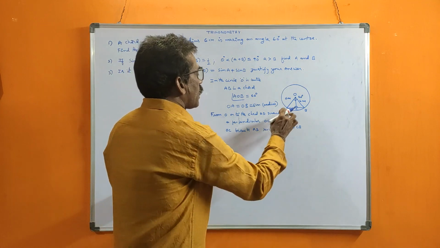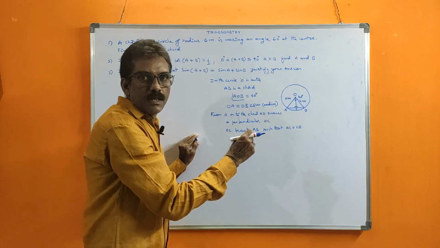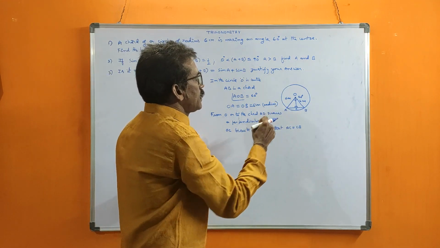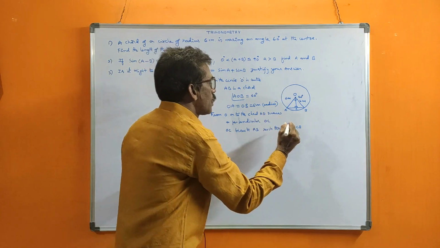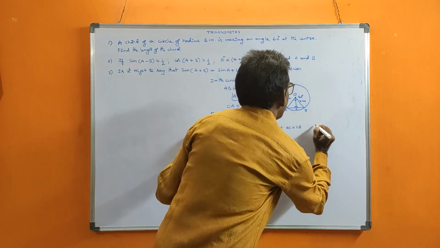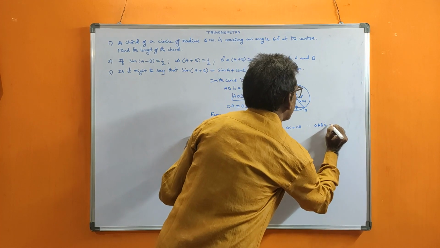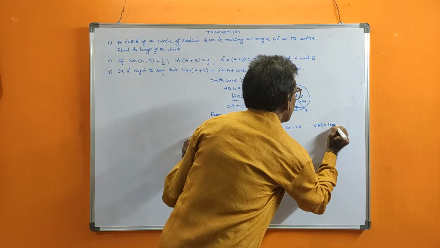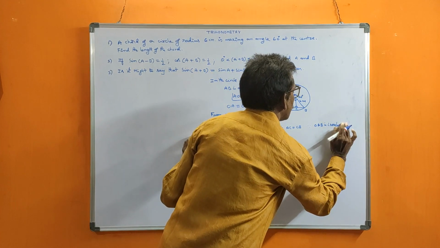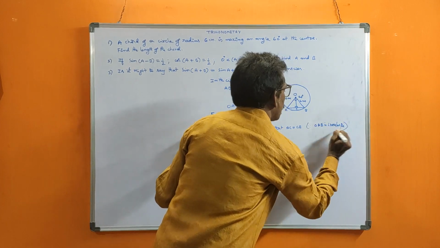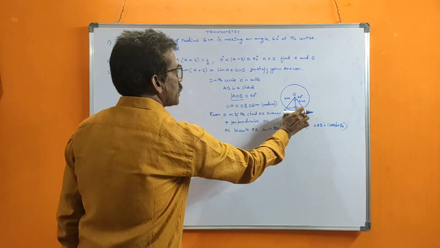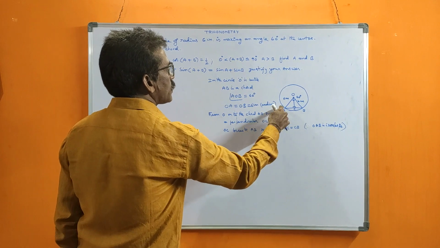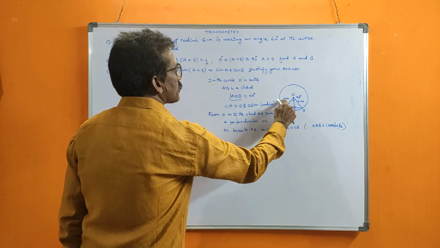Why? Because, as I told already in the previous lesson, in any isosceles triangle, since OAB is an isosceles triangle. Why? By seeing only you can see OAB has two sides equal, 6 and 6.